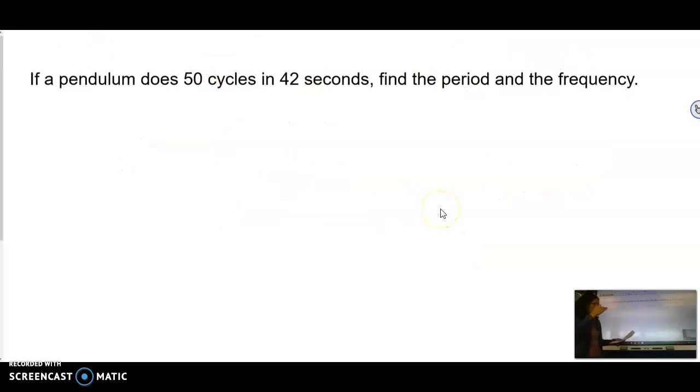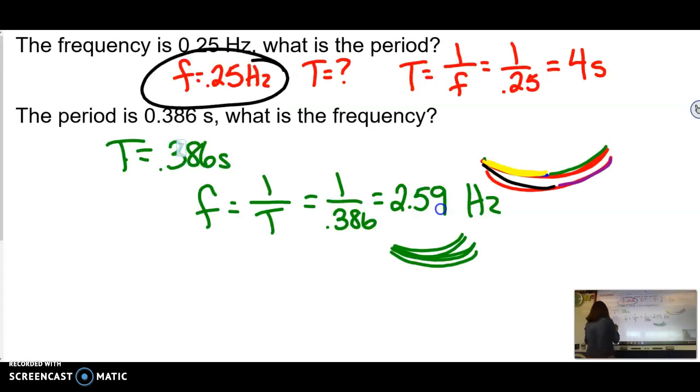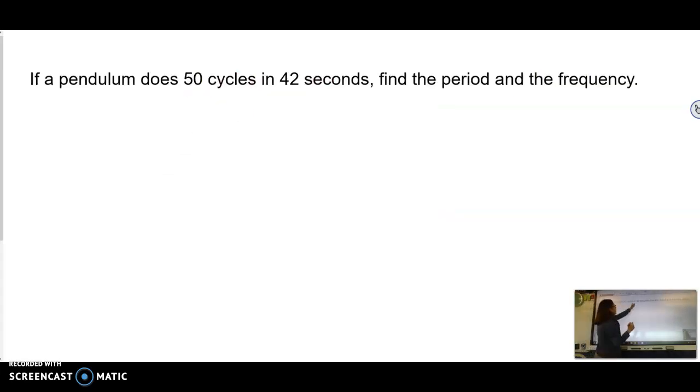Okay, last thing, just to make sure we remember what goes on top, what goes on bottom. If I know that I watch 50 cycles, so I watch the thing do 50 cycles, right? That's a lot. I time it, it takes 42 seconds. Well, if I want to calculate the period, remember for period, it's the number of seconds per cycle.